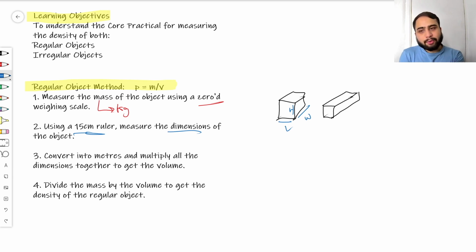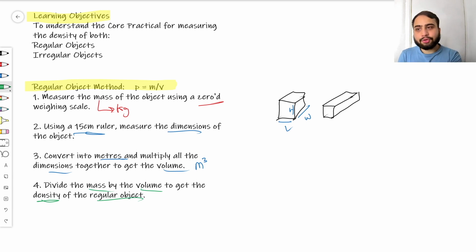Now, after we measure the dimensions, those dimensions are going to be in centimeters because a centimeter ruler doesn't even go up to a meter. So we convert those into meters and we multiply all the dimensions together to get the volume in meters cubed. Okay, so that's our volume done. Then to work out the density, all we do is divide the mass by the volume, and then we get the density of our regular object. That's really all there is to the core practical for the regular object's density.